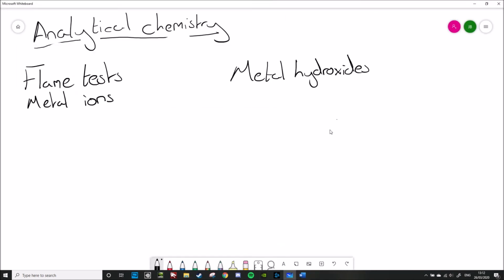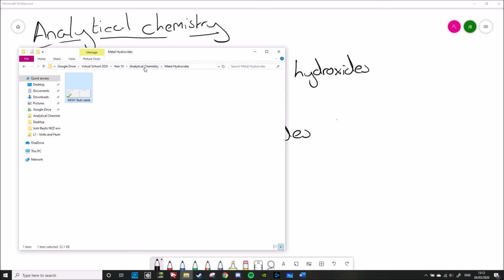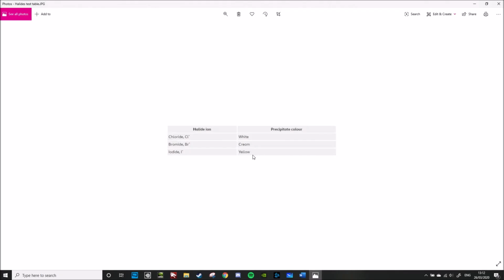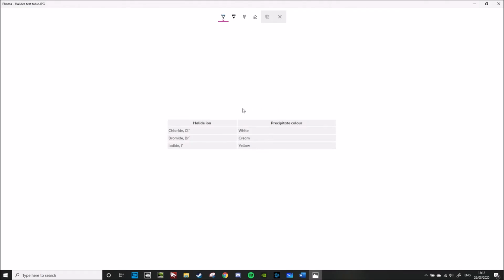Next we've got halides. Again, halides, I've got some information for that one. So halides, we use silver nitrate as a part of our test for this.